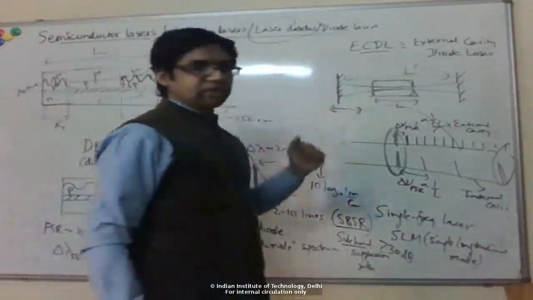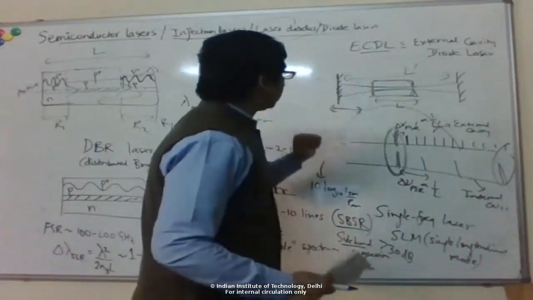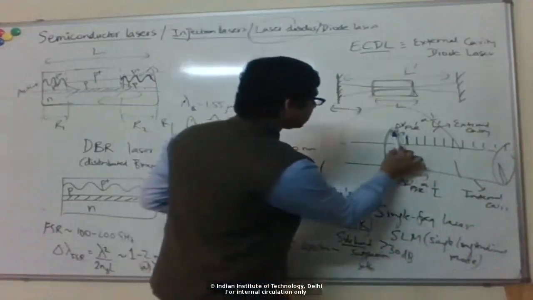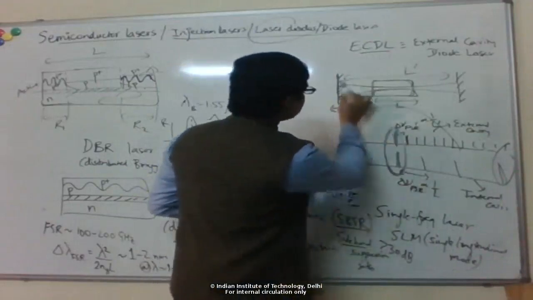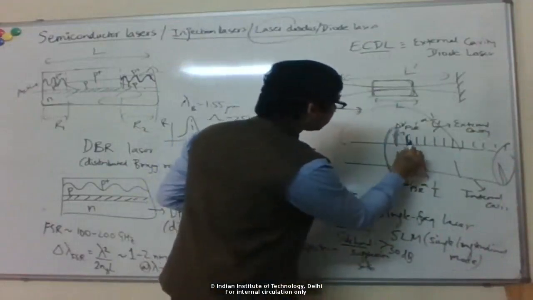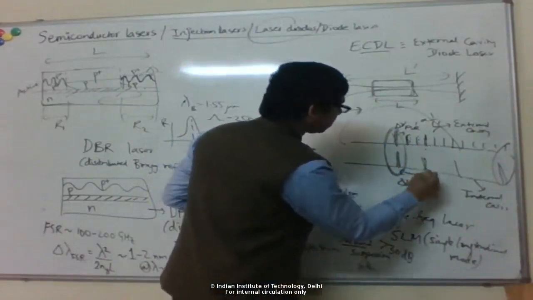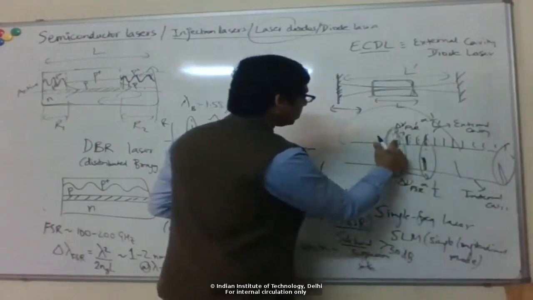And now this gives you an extra flexibility: by moving this mirror here, you can change L prime, which means you can change these frequencies slightly, right? So let's say you move this a little bit. Now what happens? All these shift a little bit. And now this particular mode lines up. Okay, so now this doesn't line up anymore.